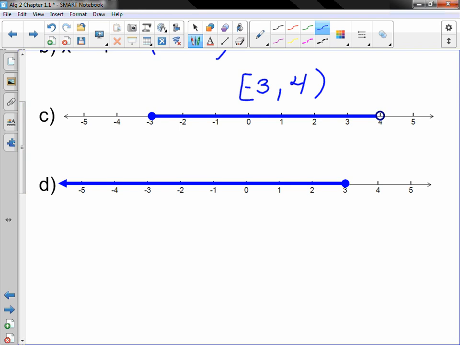Any questions on any of what you've done so far? Give you a few seconds. See if you can write down what the interval notation for this one's going to be.